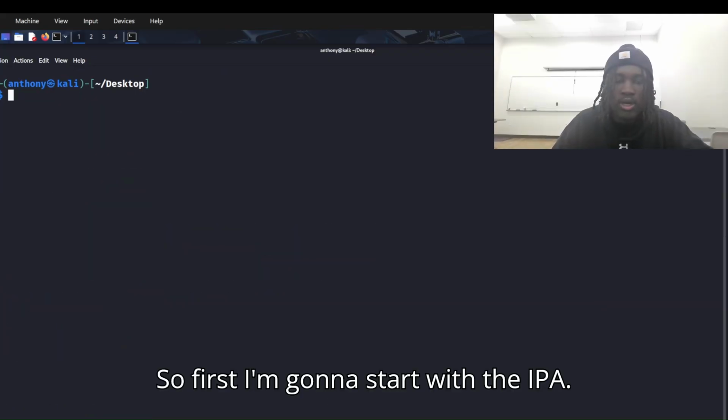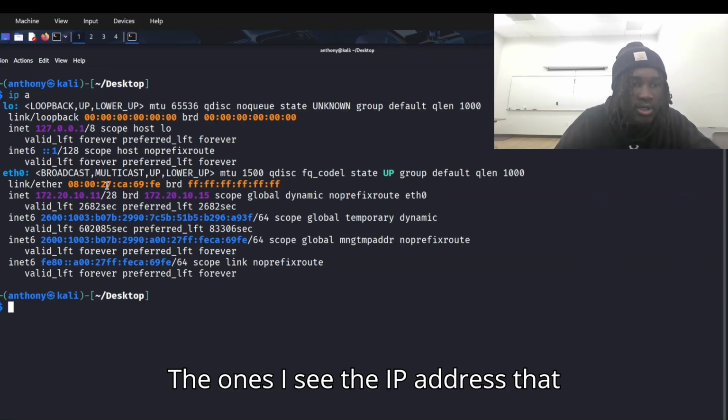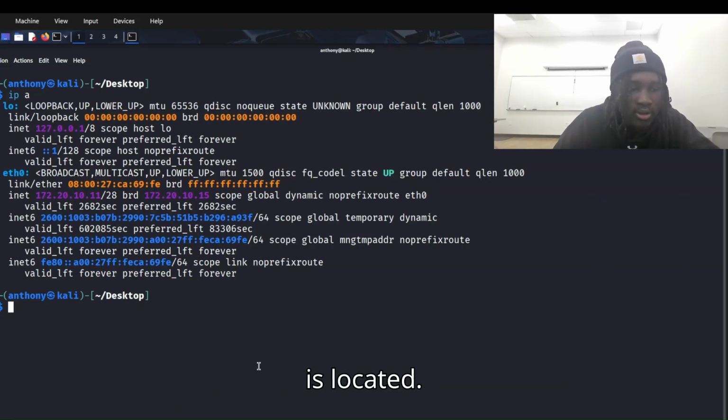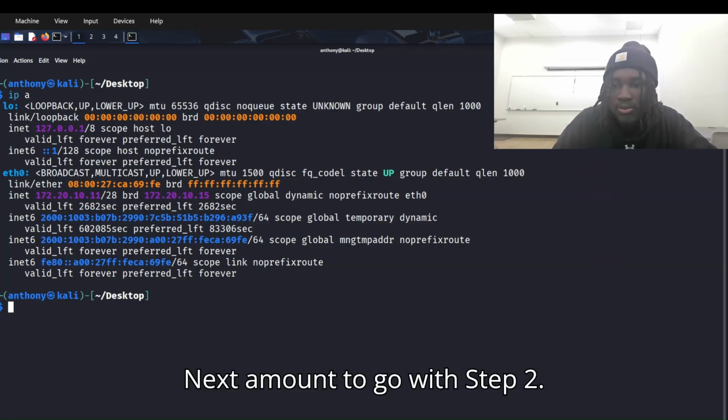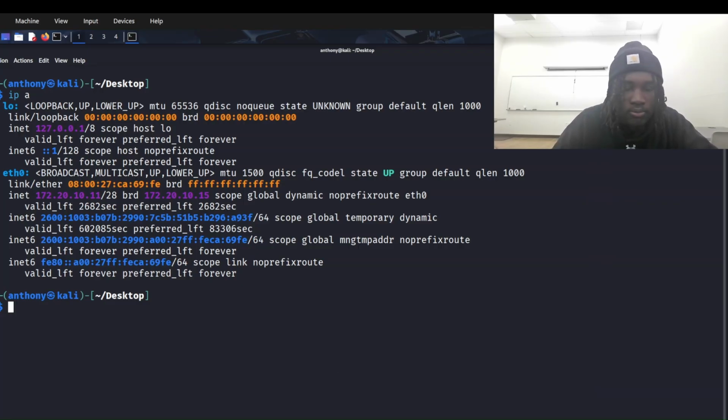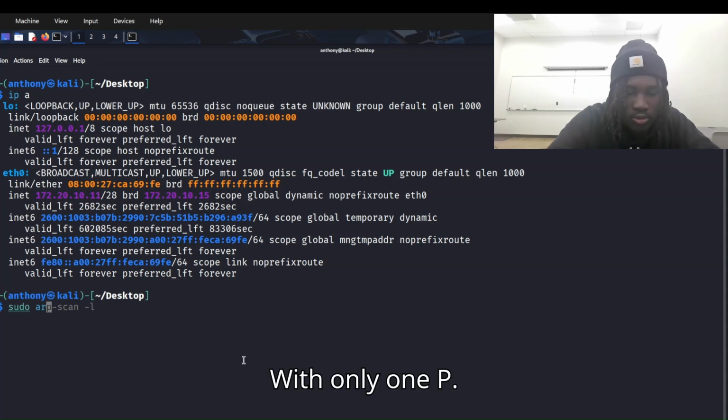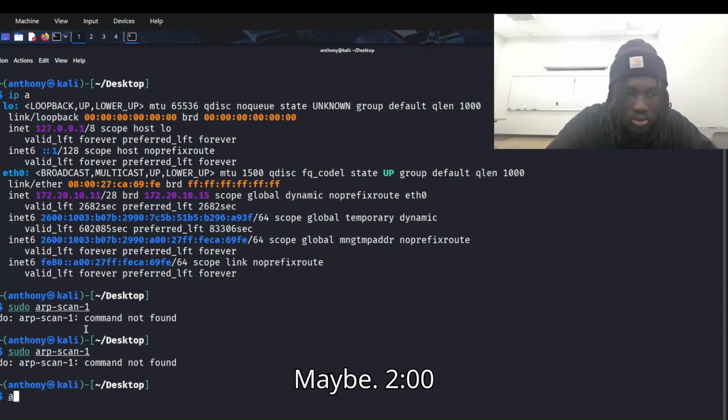First, I'm going to start with ip a. Once I see the IP address that is located, next I go to step 2. That is ARP, I did it wrong. Sudo arp-scan.